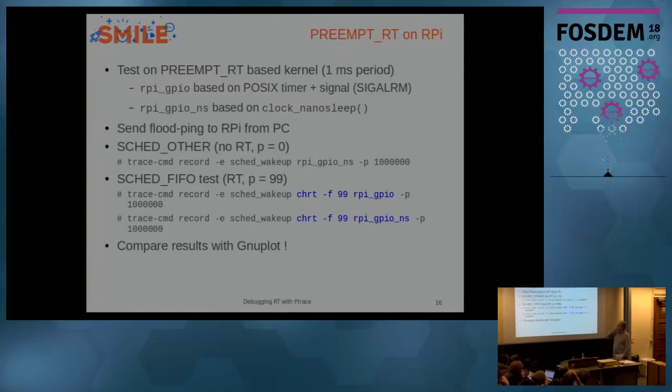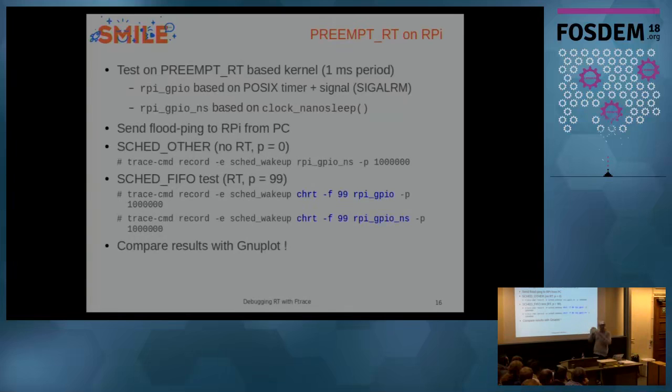And there are several ways to test it. The first one records the events with a non-real-time program, so with no static priority. The second one uses SCHED_FIFO with a high priority. You can set the priority of a program on Linux by using chrt.